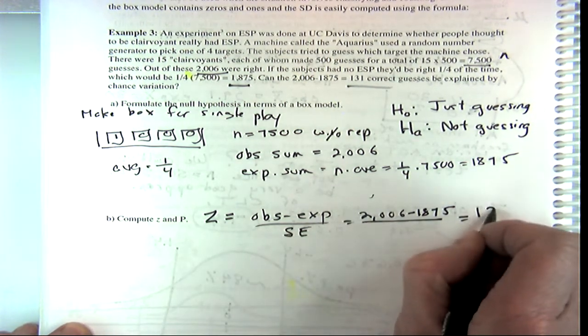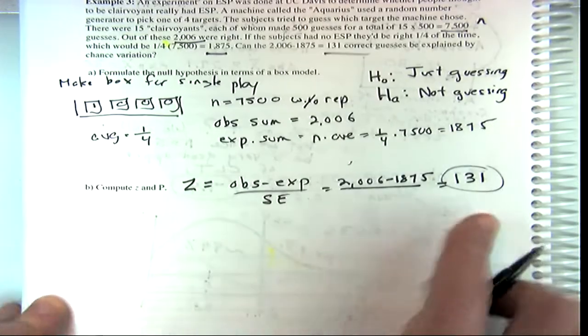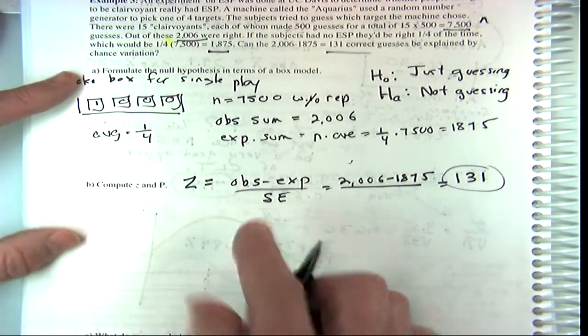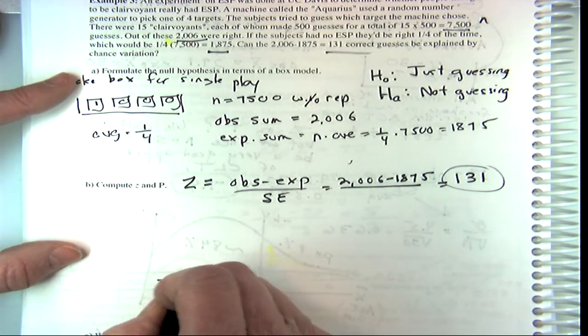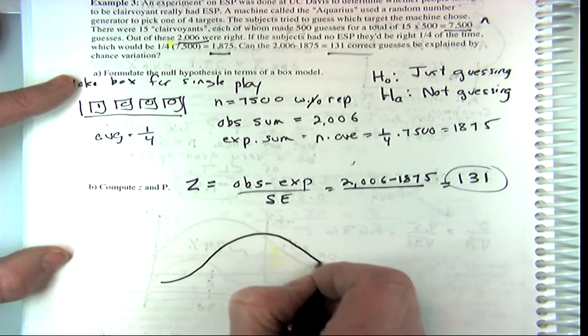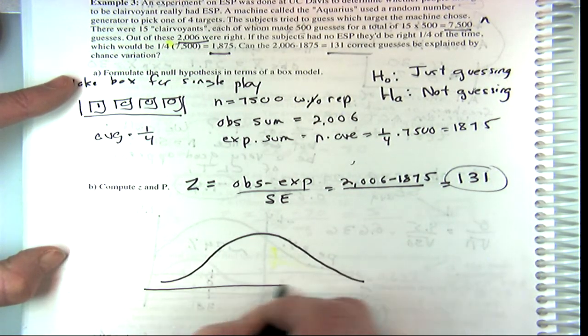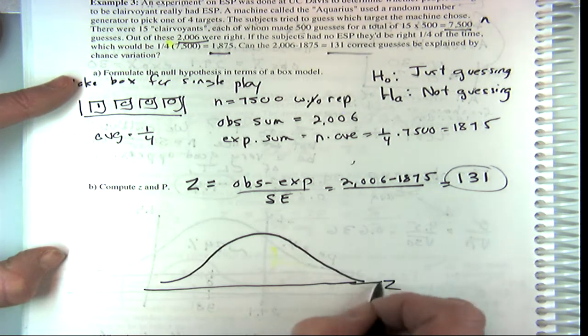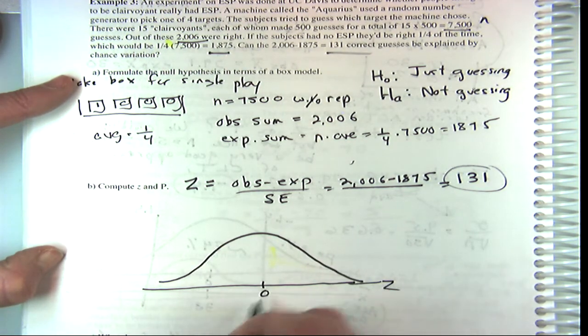That is our 131. Even before we figure out the standard error, we know it looks like a normal curve. In terms of a Z-score, we're going to have a 0 in the middle.